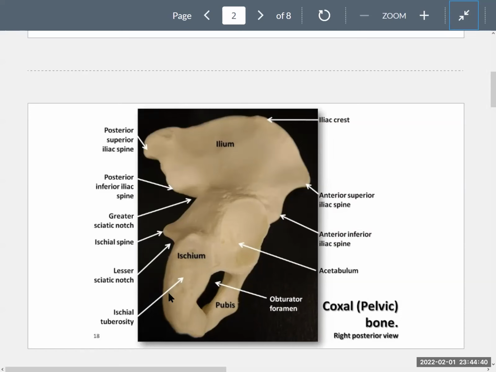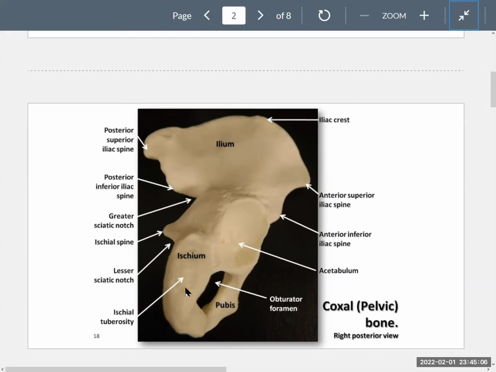At the posterior, I mentioned it a moment ago, this is what you sit on. If you've ever had saddle sores from a horse, this is the bone, and on the other coxal bone as well. This is the area where you're bouncing. This is the ischial tuberosity.